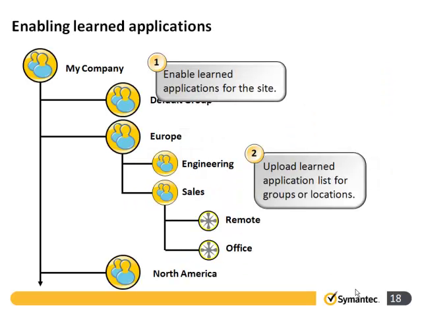To enable learned applications, it needs to be set on in a couple of places. The first place, it must be enabled at the site level. That will just enable the learned applications to be used. And then we can configure it lower down in each of the different group levels that we wish to gather for those clients.